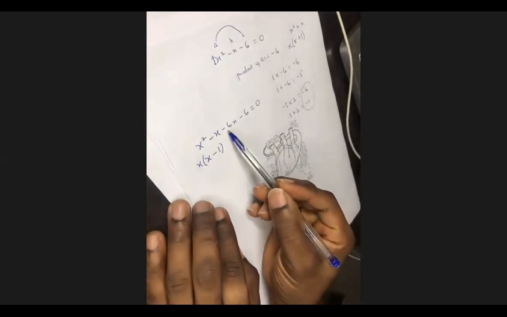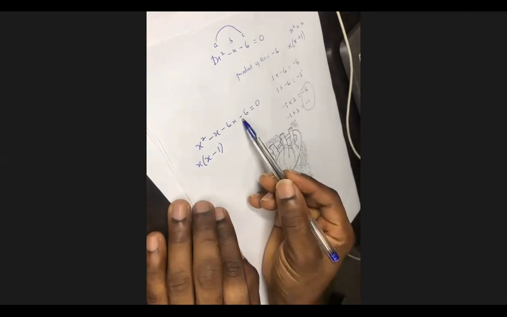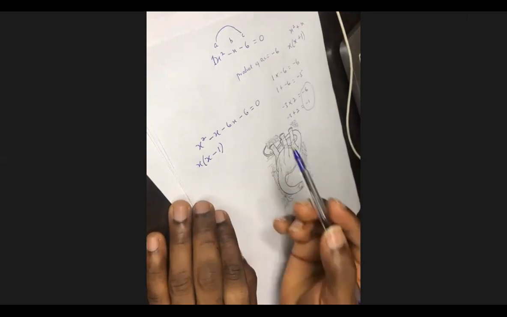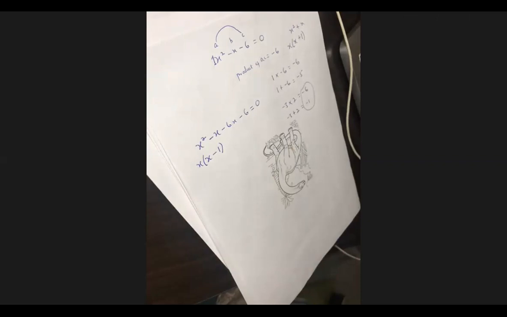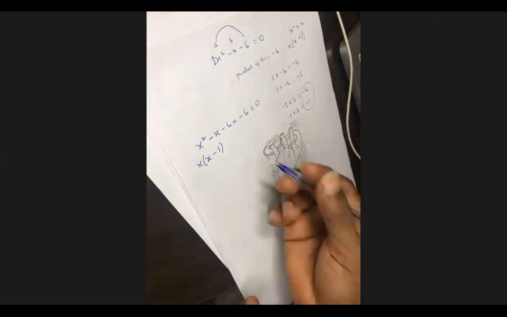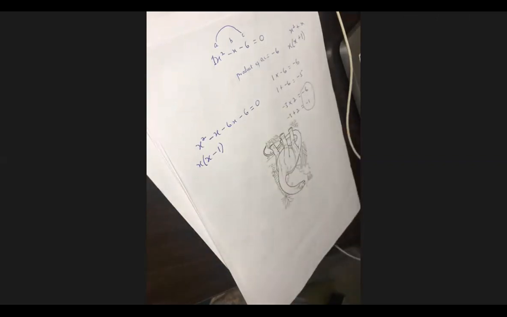Now, negative 6x and negative 6. Which number or variable do you think is common here? 6. So do you think it is going to be negative 6 or positive 6? Negative 6.